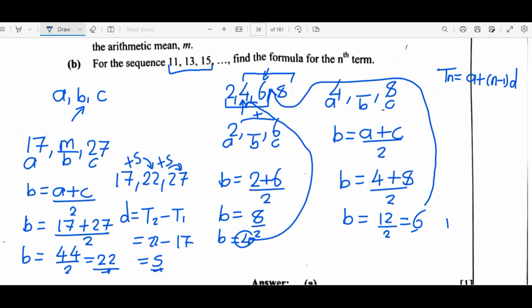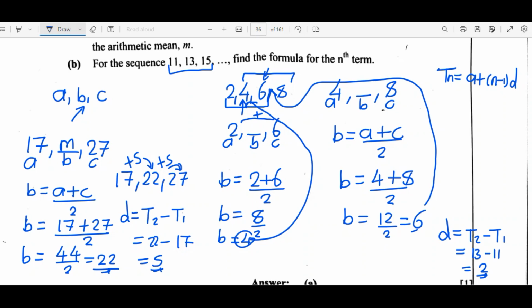So common difference is equal to second term minus first term. Second term is 13 minus 11, which is giving us 2. Or you can say 15 minus 13, you still get 2. So the concept is the second number minus the number before it gives you the common difference.